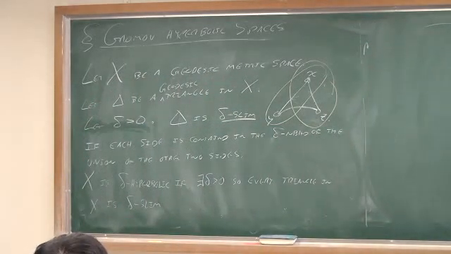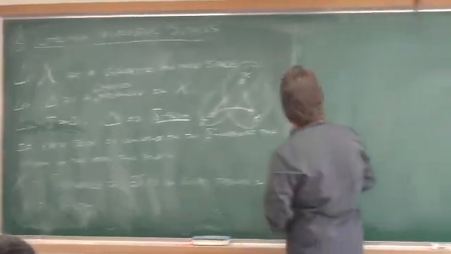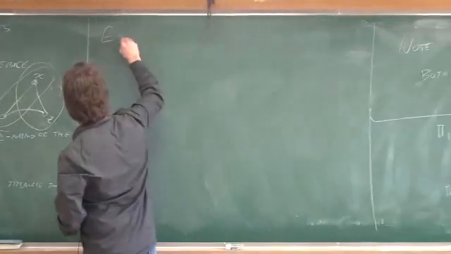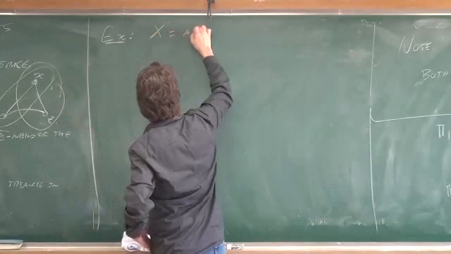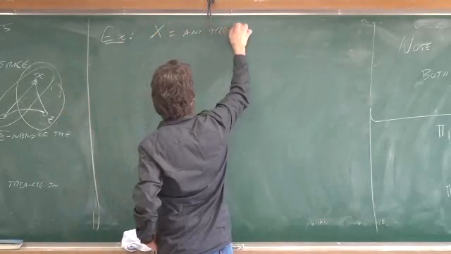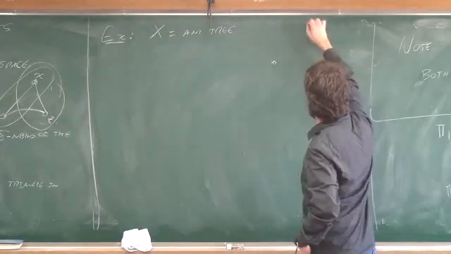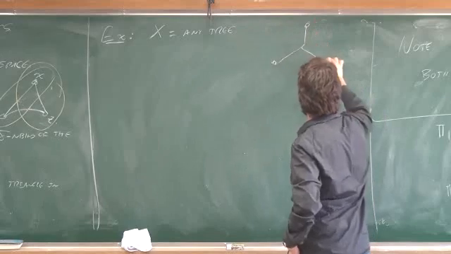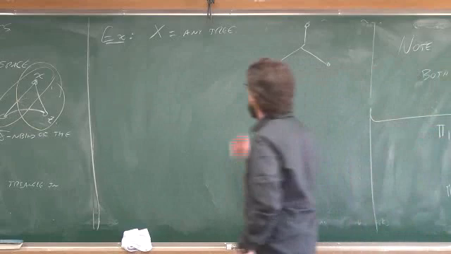For example, if I have a tree, then that's going to be delta hyperbolic for any positive delta, because triangles are just tripods. So X equals any tree. If I have 3 points in a tree and I make them into a triangle, it's always going to look like a tripod. So any side is contained in the 0 neighborhood of the other two sides.